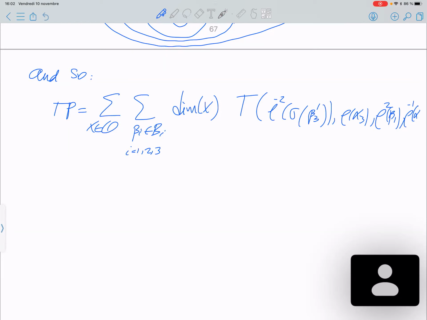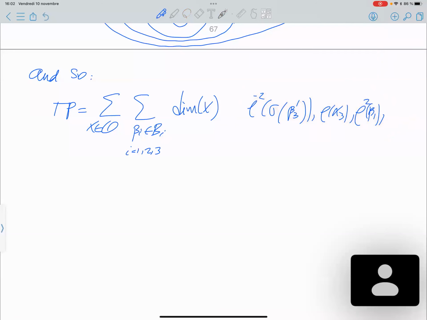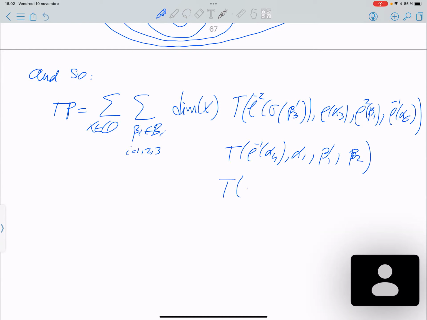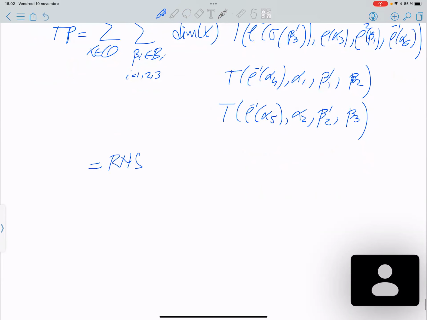So don't have enough space. T of rho inverse of alpha 6 times T rho inverse of alpha 4 rho alpha 1 beta prime 1 beta 2 times T of rho inverse alpha 5 alpha 2 beta 2 prime beta 3, which is the right hand side, what we wanted to prove.